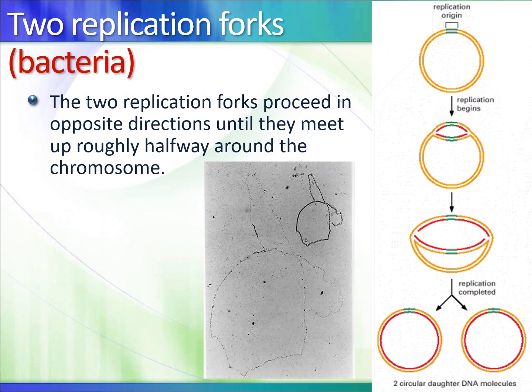Now, what happens in bacteria is that synthesis is bidirectional, so it goes in both directions until it hits the other side of the chromosome, and then the two strands are separated from each other. Now, notice that you have one new strand and one old strand at the end of DNA replication.